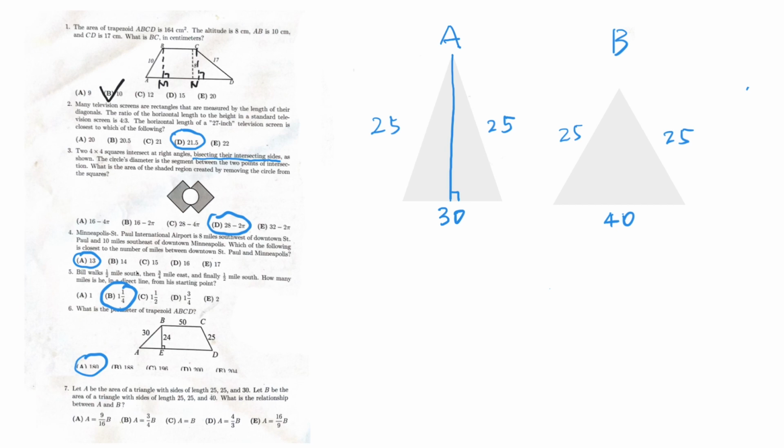This is an isosceles triangle. We know an isosceles triangle has the property that from the apex, the top vertex, if you draw the perpendicular line, this is the altitude, that is the median, and also the angle bisector.